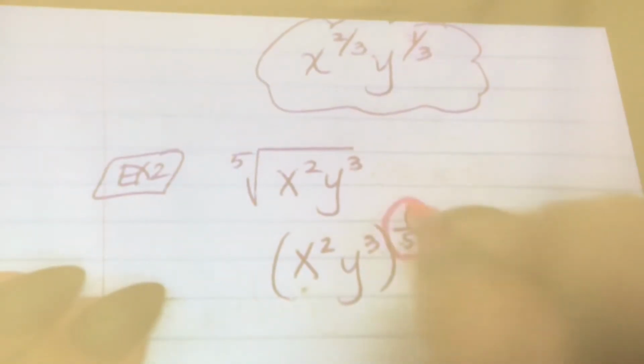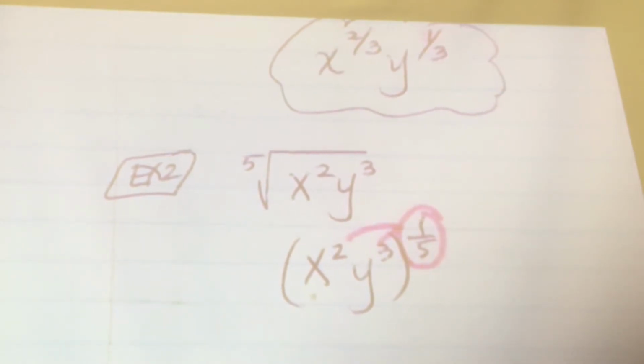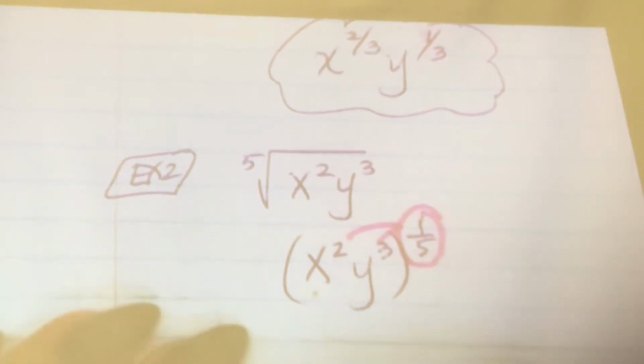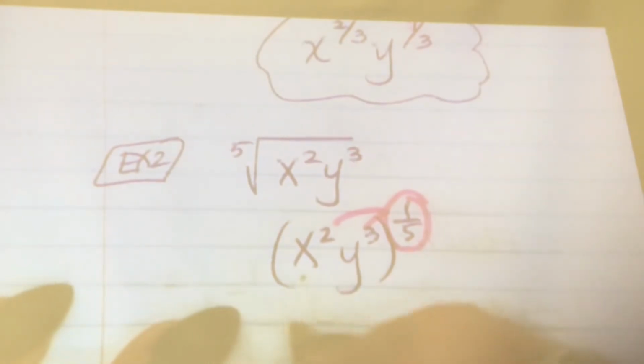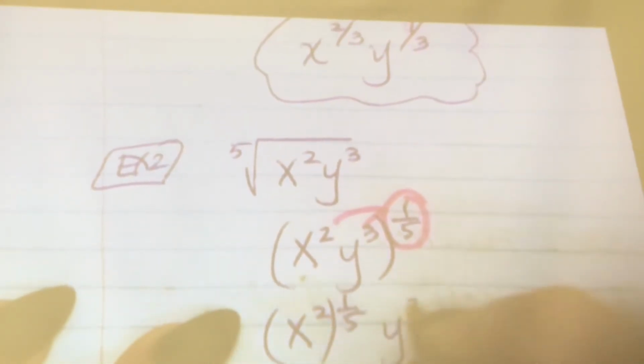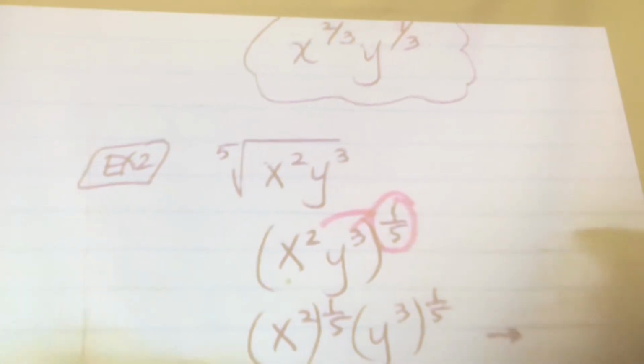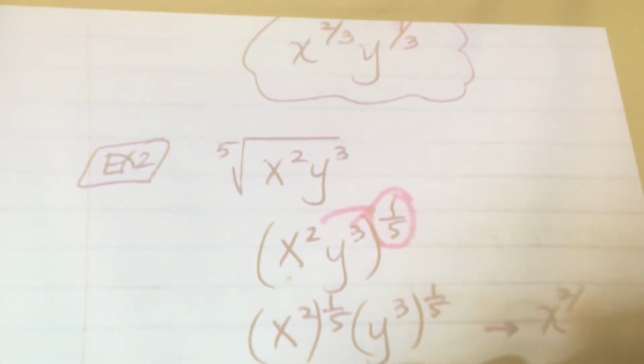Then this 1/5 will basically, for a lack of a better word, be distributed to both powers. So it's the same thing as x squared to the 1/5 and then y cubed to the 1/5. Well, 2 times 1/5 is 2/5, so my answer is going to be x to the 2/5, y to the 3/5.